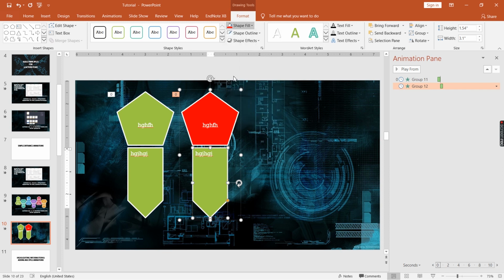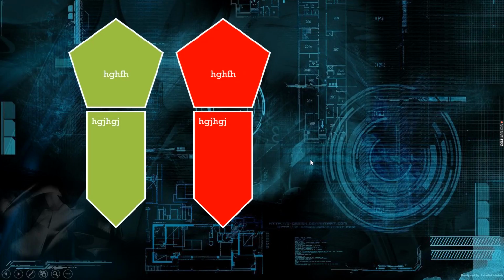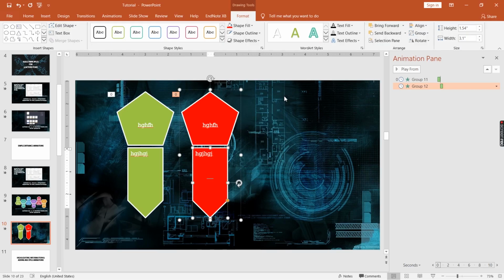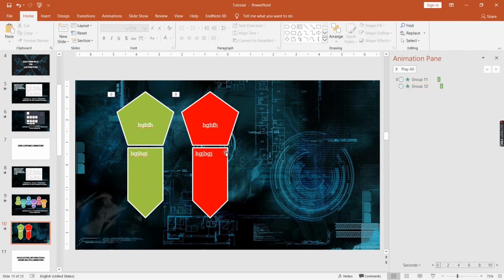So now if I go on to, yep, it happens after each other. Copying and pasting is a good idea because it keeps your shape similar, it keeps the editing similar, and you don't have to do it over and over again. That is something I also did for these text boxes.